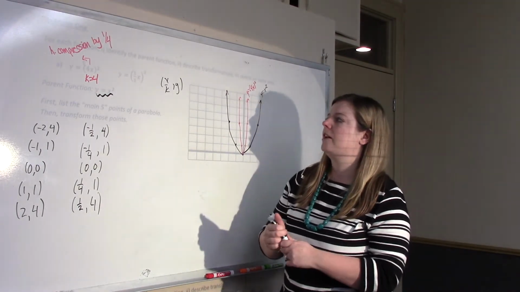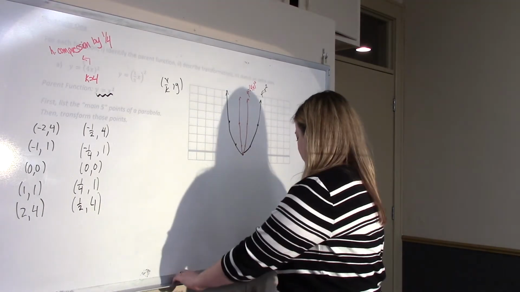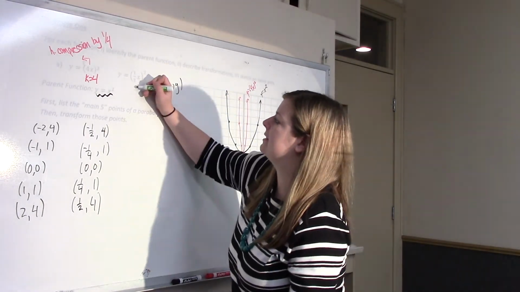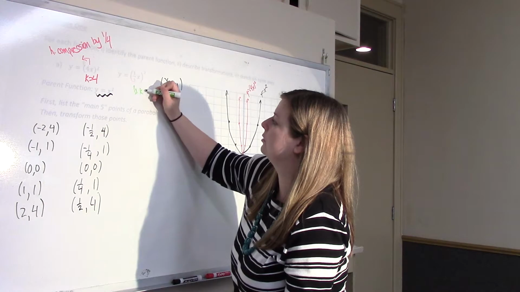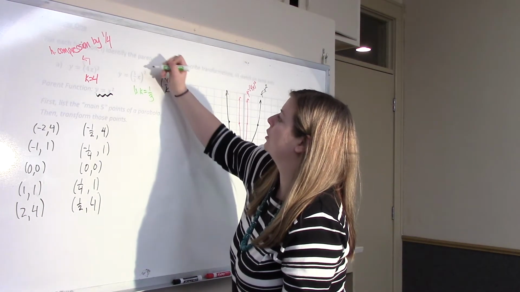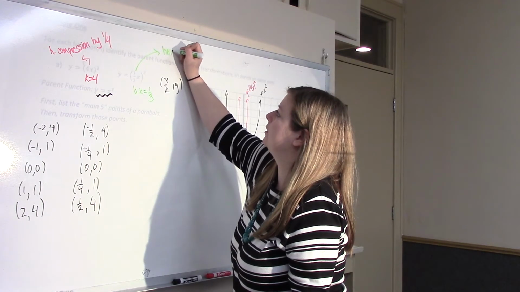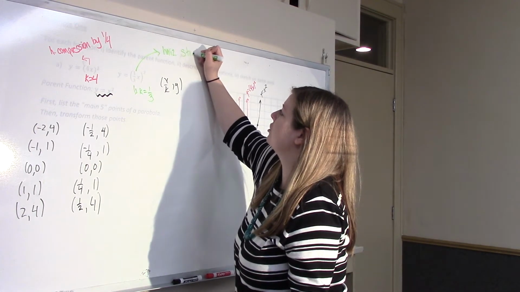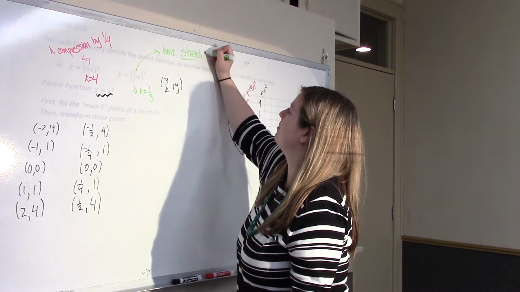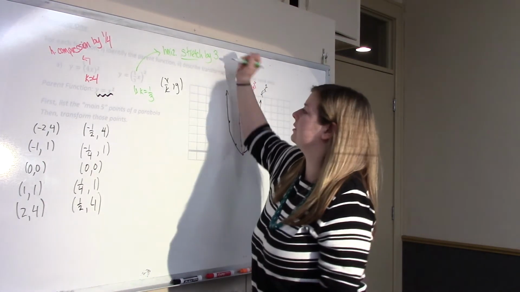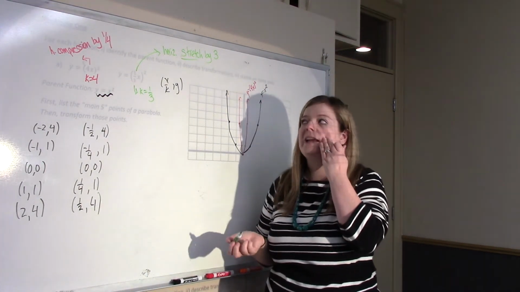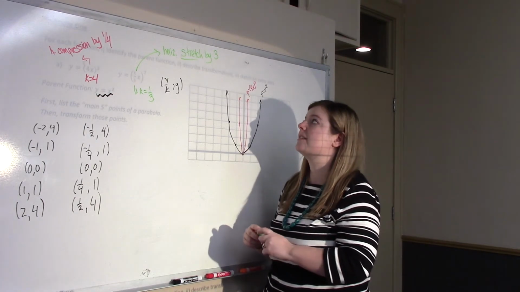So let's do 1/3 x here. So this means that k is equal to 1/3. So that is a horizontal stretch by 3. Okay, because remember it's 1 over k. So 1 divided by 1/3 is 3.